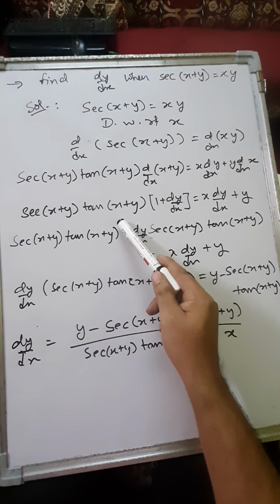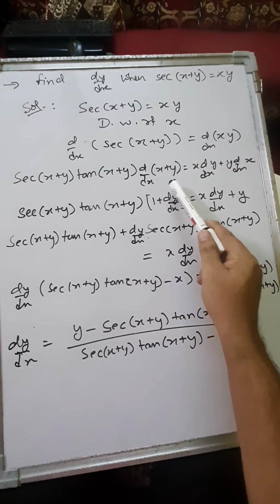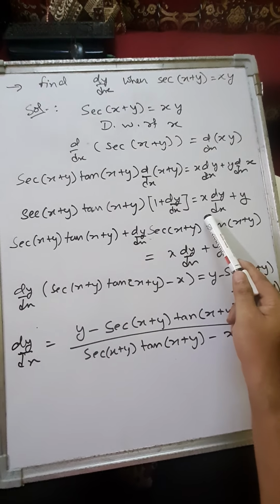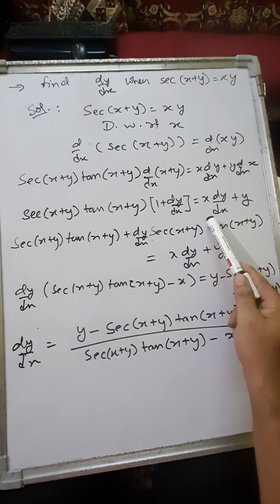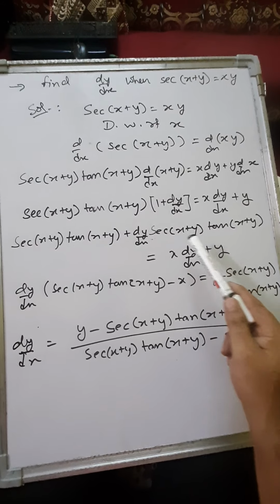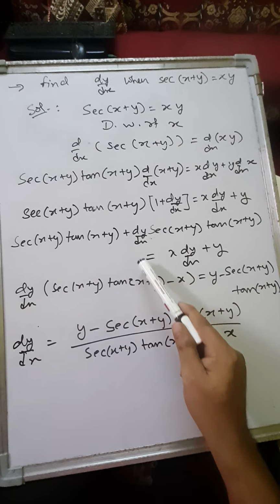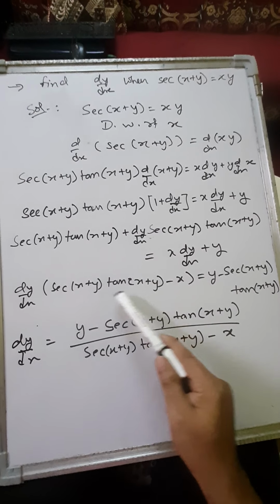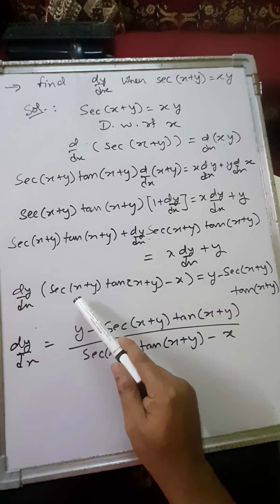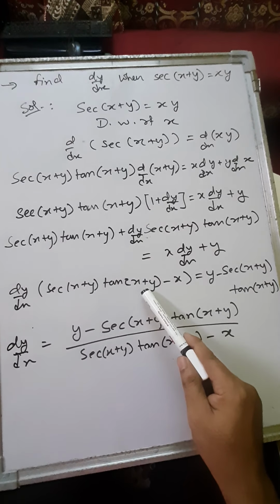So from here we will get sec of x plus y tan of x plus y, times d by dx of x which is 1, plus d by dx of y which is dy by dx. And here we will get x dy by dx plus y. Now we are making dy by dx the subject. So multiplying this term into sec of x plus y tan of x plus y, and then transferring and taking dy by dx common, and cross multiplying, we get in the denominator sec of x plus y tan of x plus y minus x.